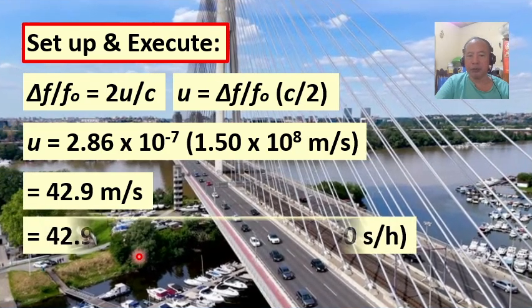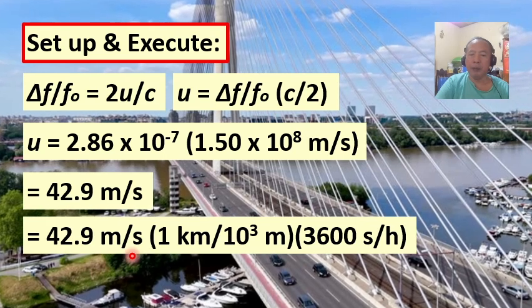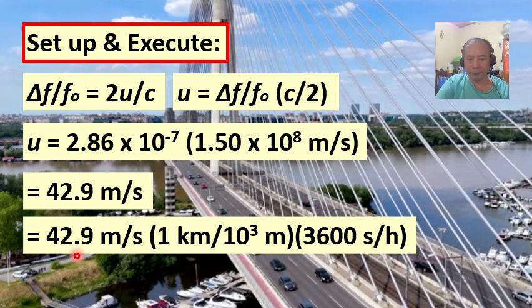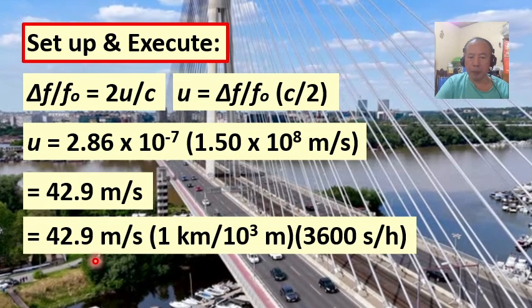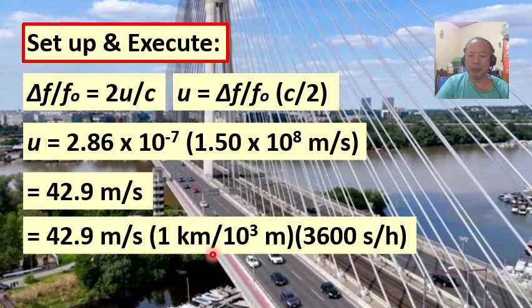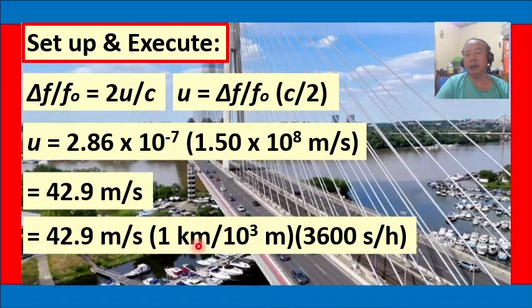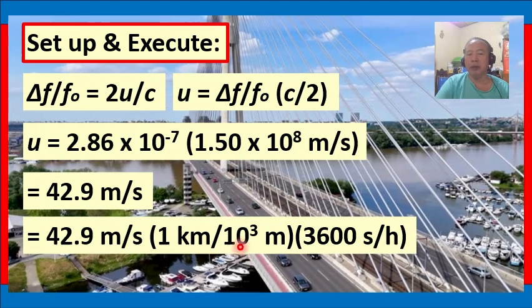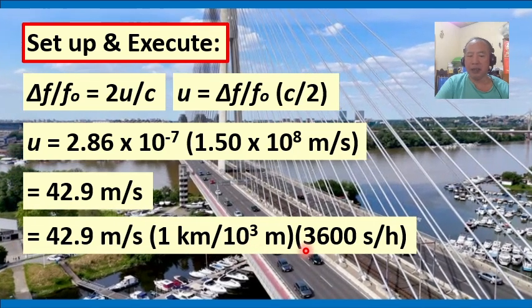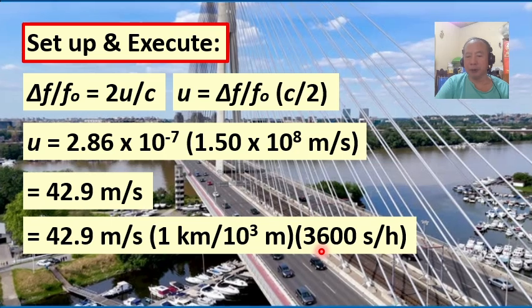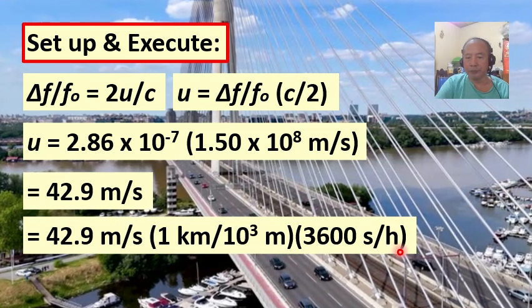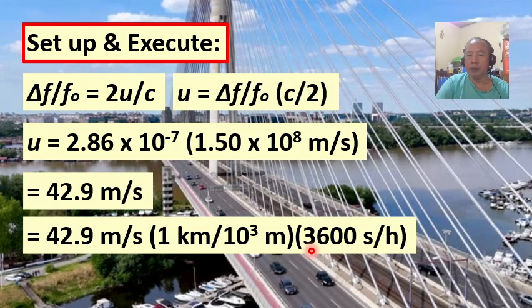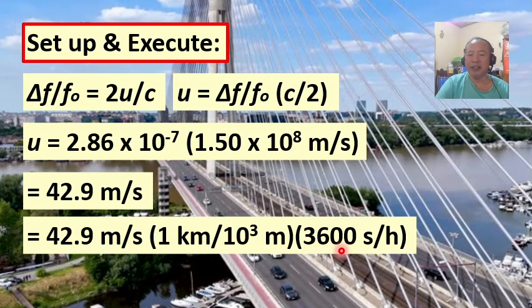And converting this to kilometers per hour, we just multiply 42.9 meters per second by the conversion factor: 1 kilometer has 1,000 meters, and also by the conversion factor, in 1 hour there are 3,600 seconds.